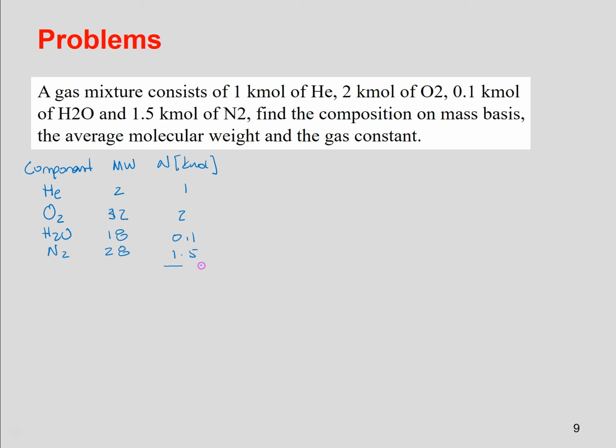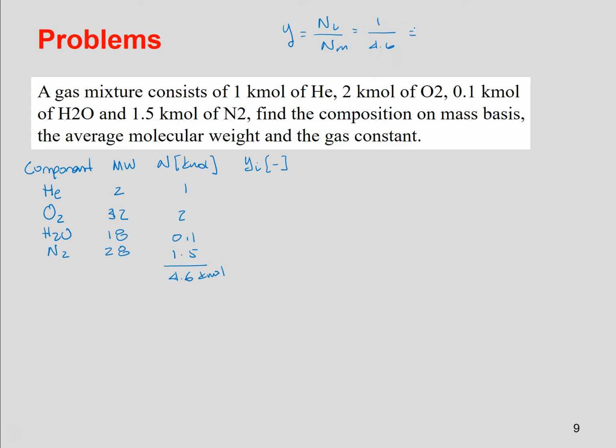We add them all together, and we see that we have 4.6 kilomoles of substance. We can compute the molar fraction. This is dimensionless. Remember that the molar fraction is the individual number of moles divided by the number of moles of the mixture. So for the helium, it will be 1 over 4.6.